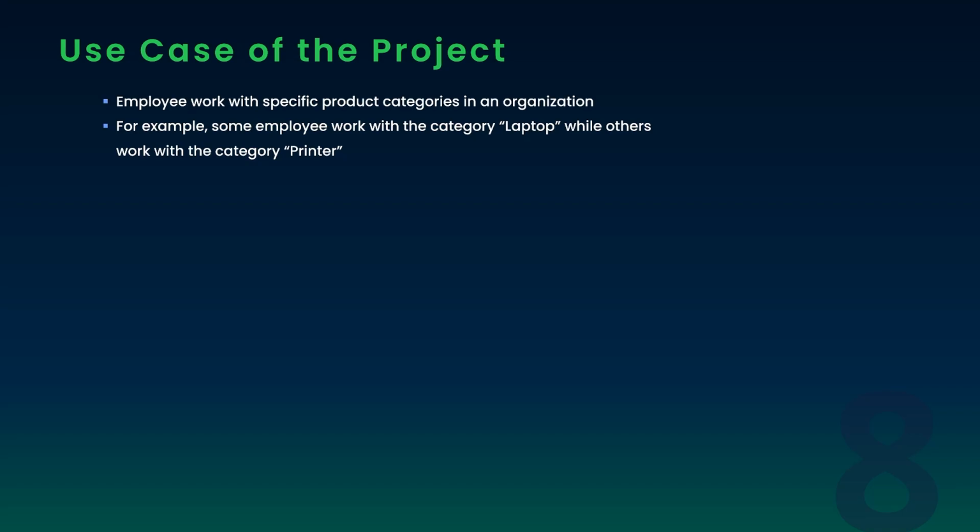So you already identified that these are different types of categories. In future we will also give the authorization based on that category, so that the user who has access only to the category laptop can only see the laptop category in the applications, and others can see only the printer category.